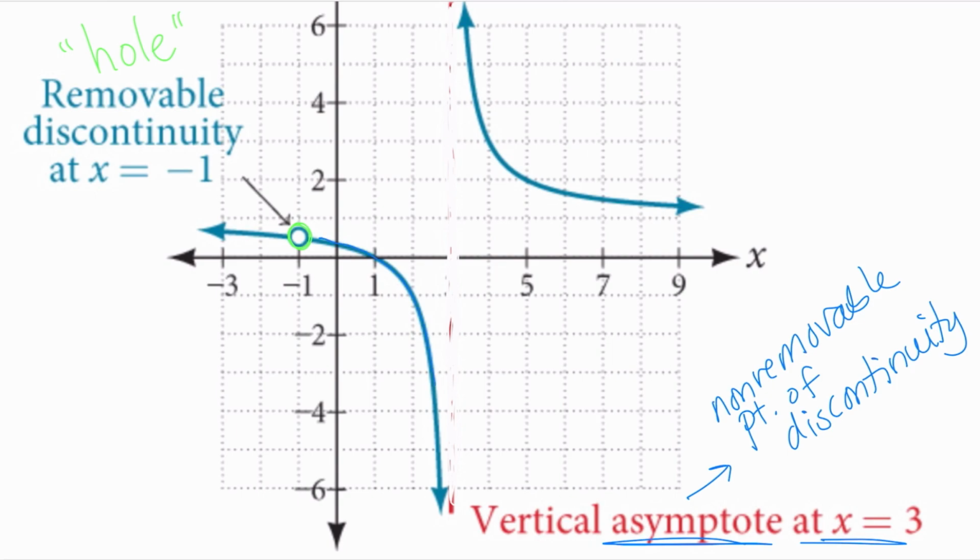So this part of the graph and this part of the graph are still not continuous. And so an asymptote is called a non-removable point of discontinuity. Even if you remove it, the graph is still discontinuous. But a removable point of discontinuity means that if I were to get rid of that hole, then my graph would continue to be continuous at those points.